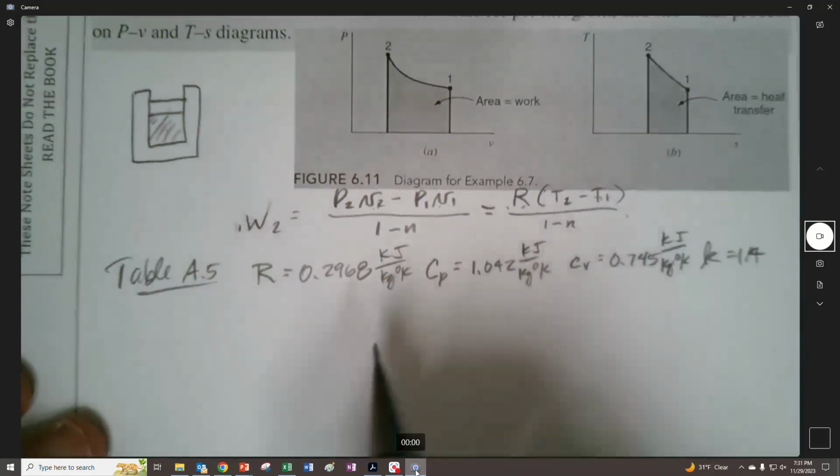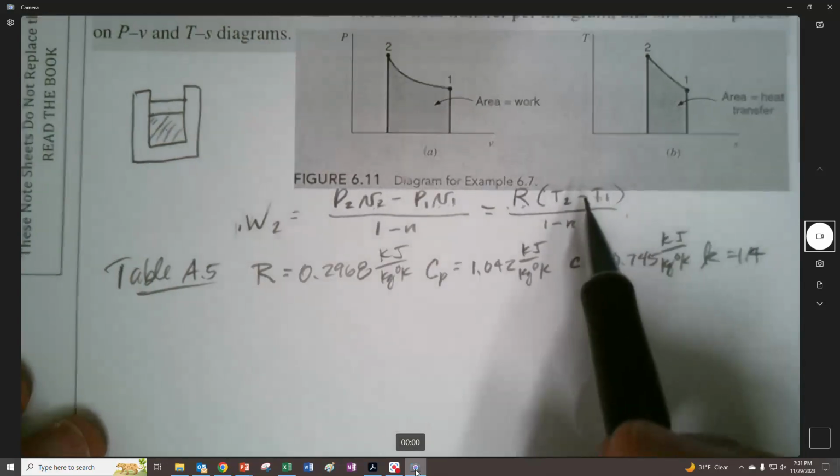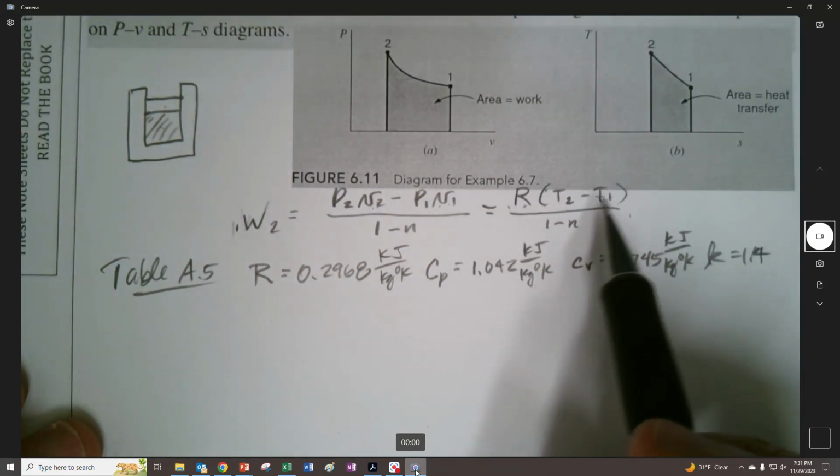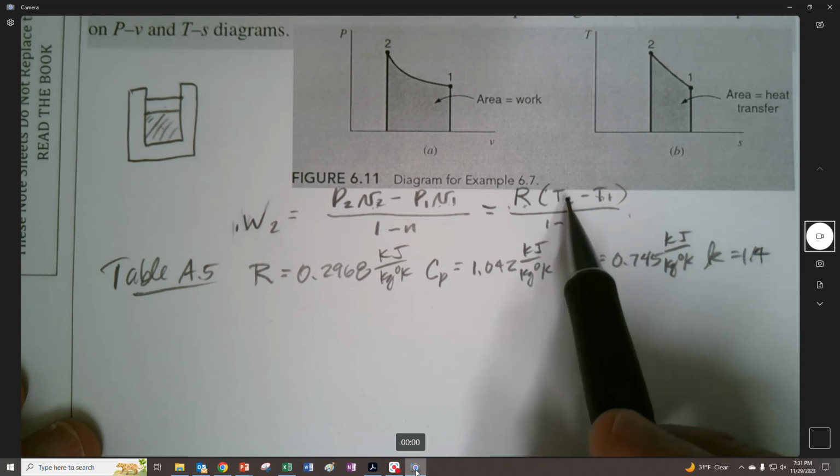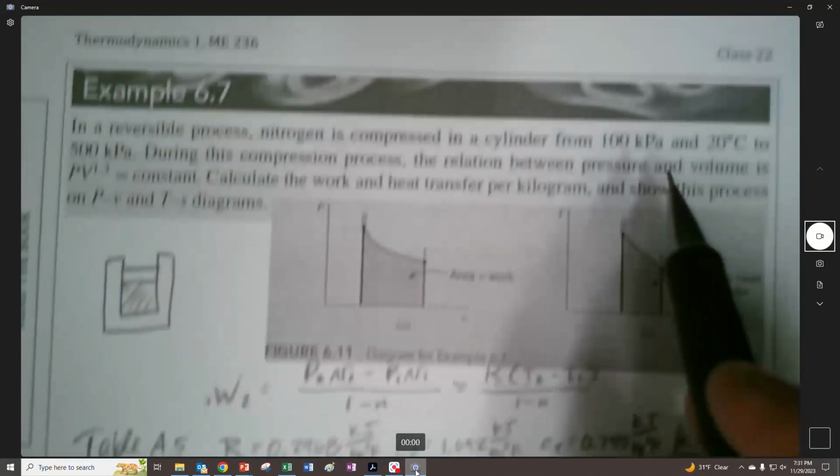All right, so my approach, we had two choices, really. It might have been the simpler choice to just go ahead and find T2 because we were given T1.